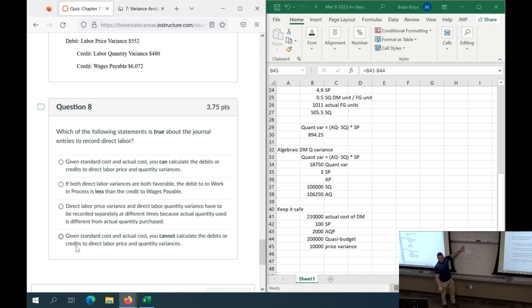And we have to record WIP at standard, because that's the rule in standard costing. Do we know, just with those two pieces of information, what these two are? I see some nods. It is technically true. We know what they sum to. We know that together these two have to balance this out. But we don't know how much each one does.